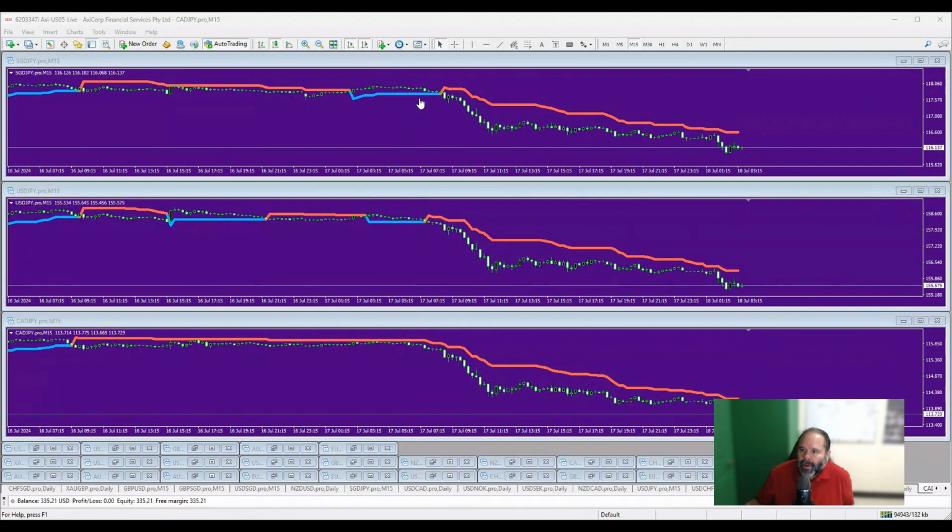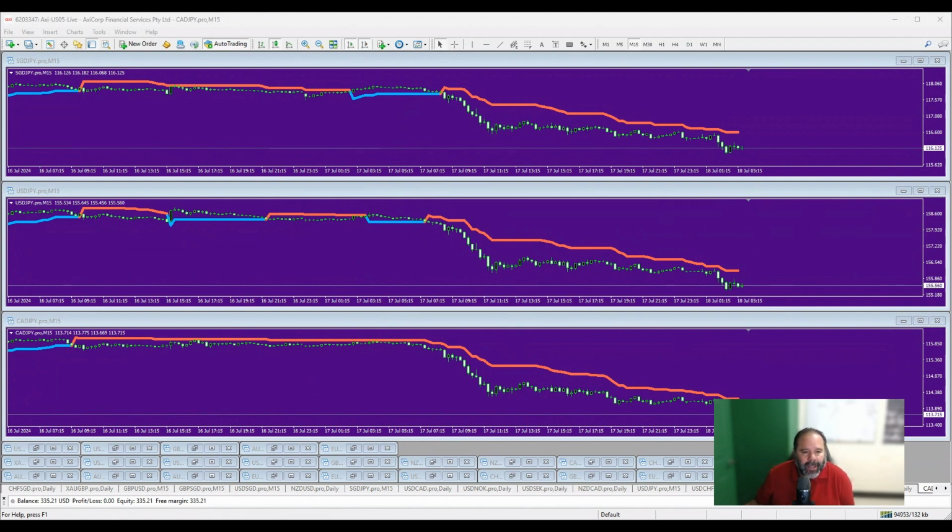We have point A, we have point B, we have super trend red, and we have point A and point B below. That is good. We also have the blue line below the red line. So everything is in place to do a sell right here on AUD USD.